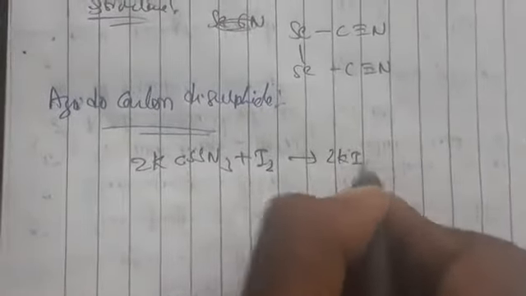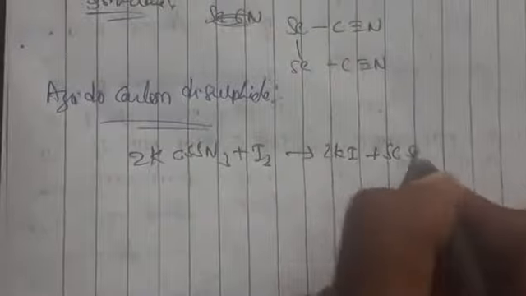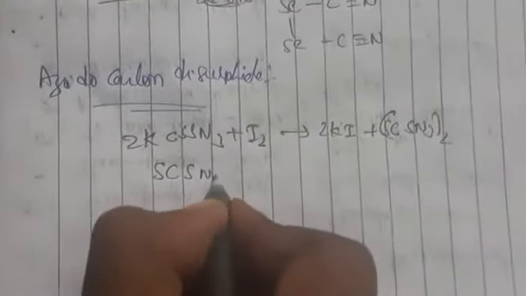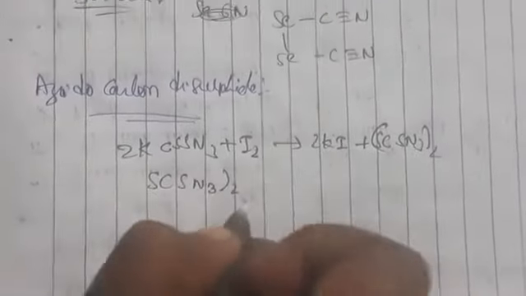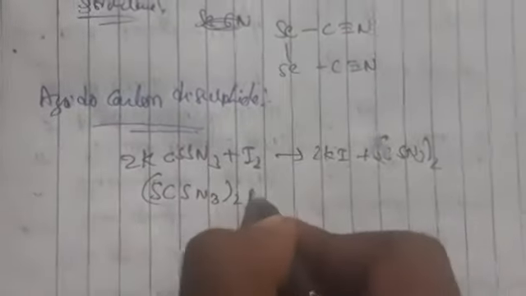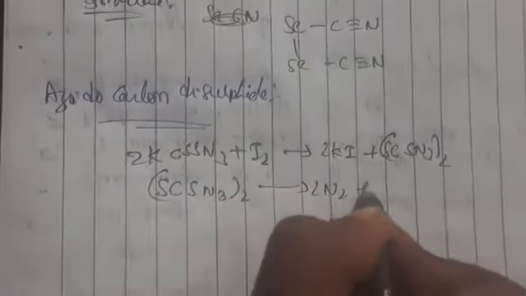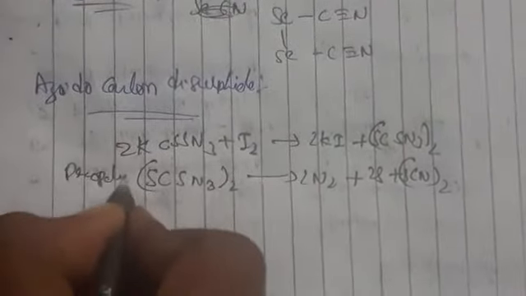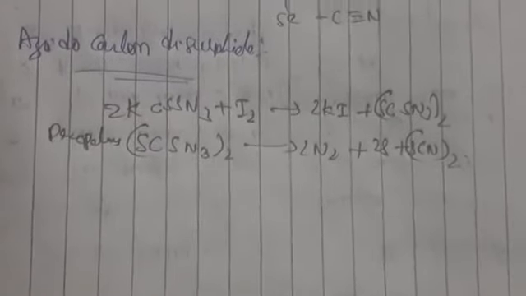So we are getting 2KI plus (SCSN3)2. So this is one of the preparations. And coming to here, (SCSN3)2 will give 2N2 plus 2S, SCN twice. So this is preparation, this is property. So these two only we are having. Coming to structure, it is not explained correctly, so it is not having a correct structure.